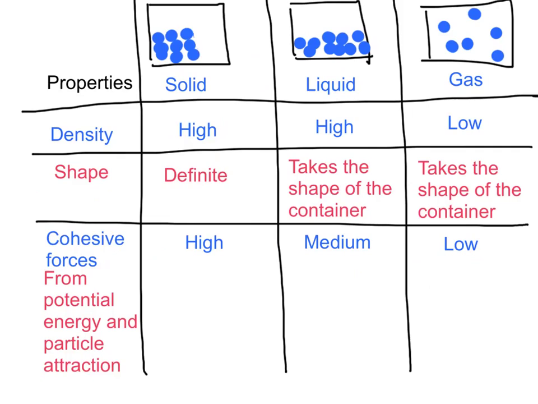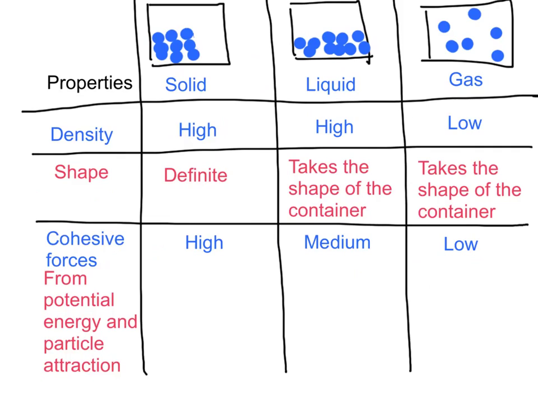The shape of a solid is definite. It has a specific shape. Liquids will take whatever the shape of the container is, and gases will also. Now if we look at the cohesive forces, this is what holds it together. Solids have a high cohesive force because they can hold their own shape. Liquids have a medium cohesive force.